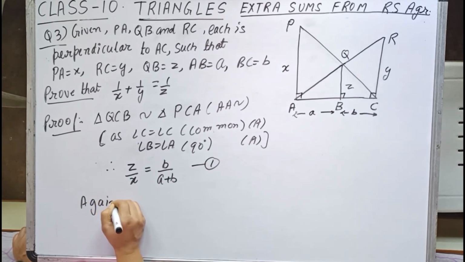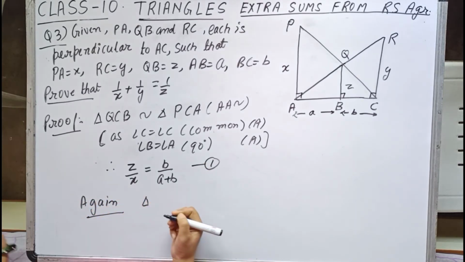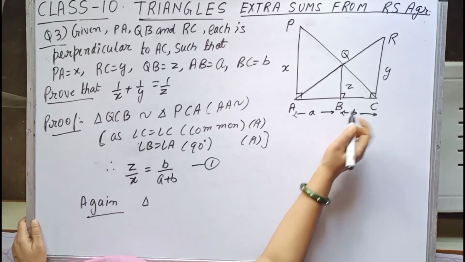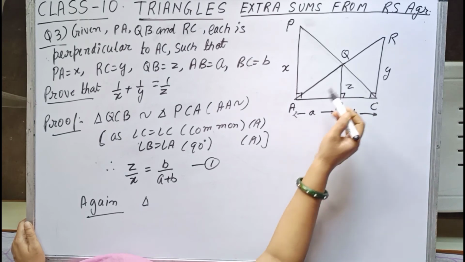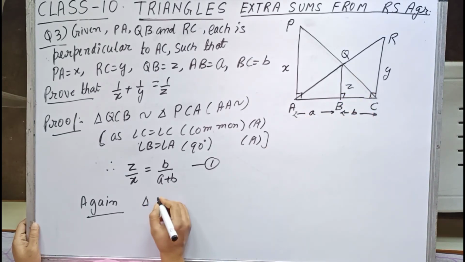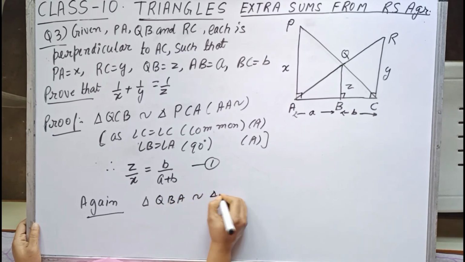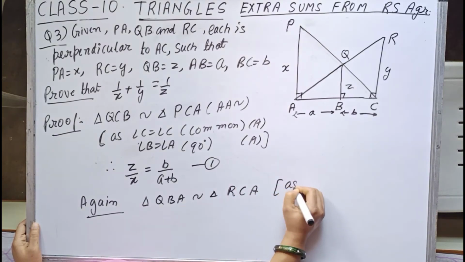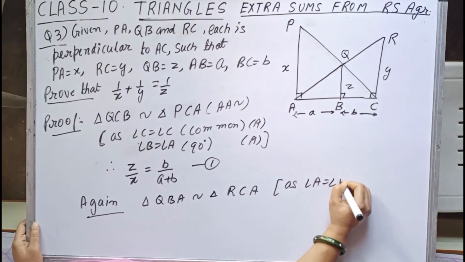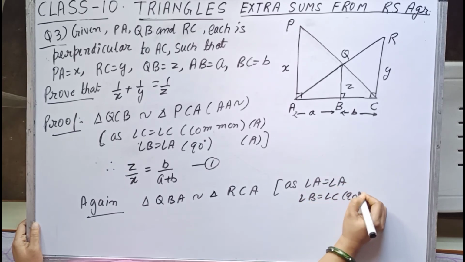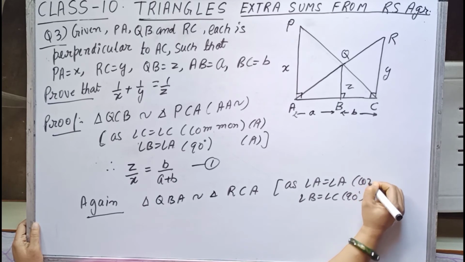Again, I need 1 by Y, because 1 by X we have got. Now, triangle RCA is similar to triangle QBA, as angle A equals angle A, common, and angle B equals angle C, 90 degrees.